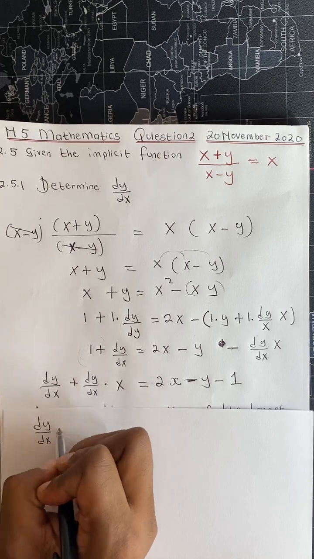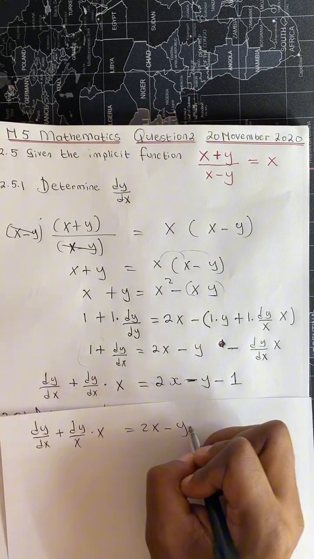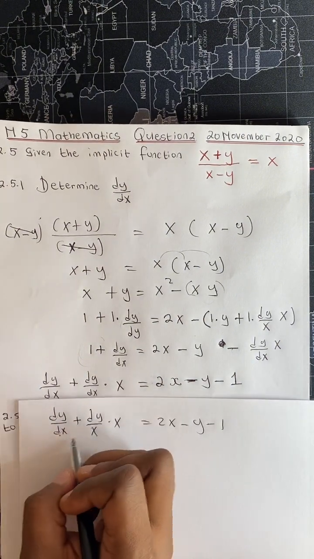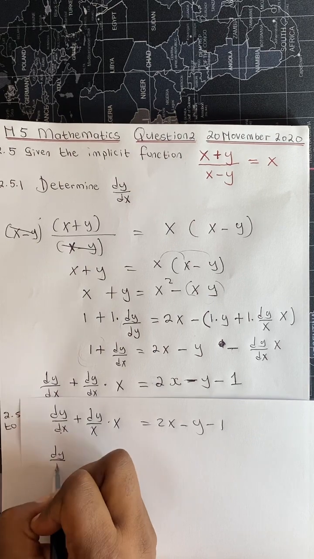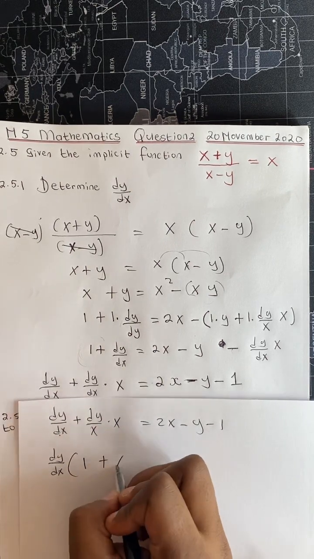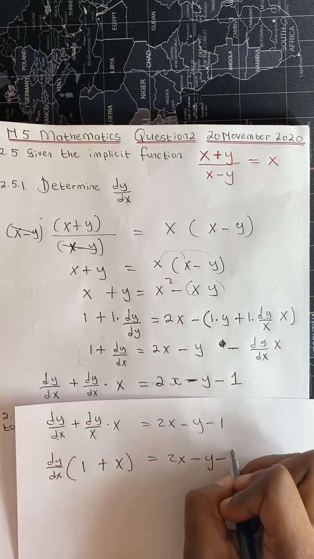So we have dy over dx plus dy over dx times x, so we can take the dy over dx as our common factor, and we'll be left with 1 and here we'll be left with the x, equal to 2x minus y minus 1.